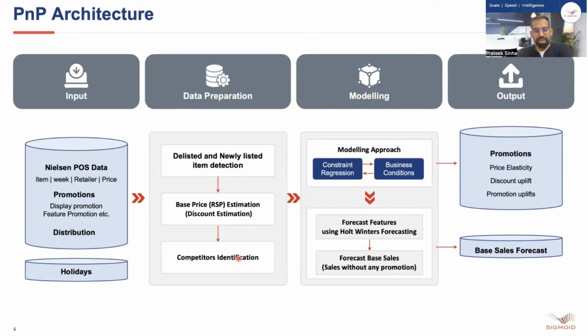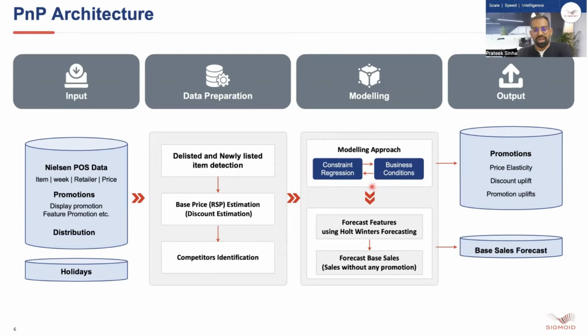So after this step, our model input data is ready, which goes into modeling, and we adopt the modeling approach of constrained regression, which is a linear regression method with business conditions. After we model all the items, we get the coefficients of different features for each retailer item combination.